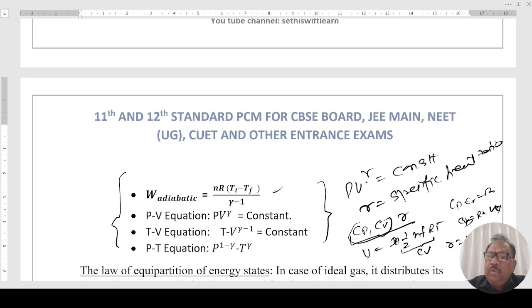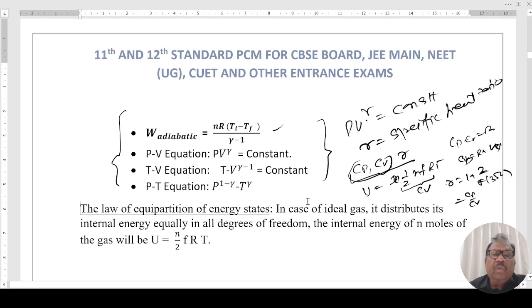Gamma equal to 1 plus 2 by F, where F is 3 for monoatomic gas, 5 for diatomic gas, 6 for triatomic gas. Gamma equals Cp upon Cv. This means if we know the atomicity, we know the molar specific heat at constant pressure, at constant volume, and the specific heat ratio.